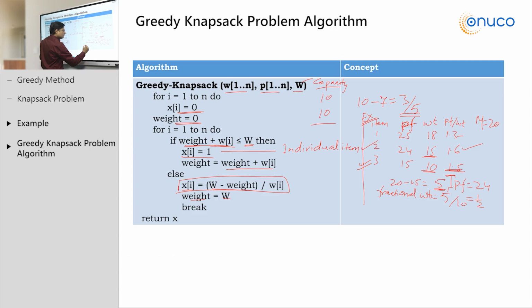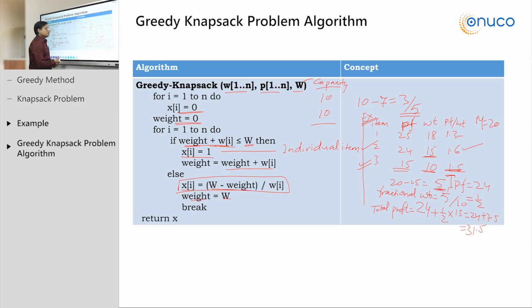Now, if you compute total profit, it is equal to 24 from the previous iterations plus 1 by 2 into the profit of this third element. We selected 10 kg with profit 15, so half, 5 kg, profit will be 7.5. So we write 24 plus 7.5, hence it is 31.5.